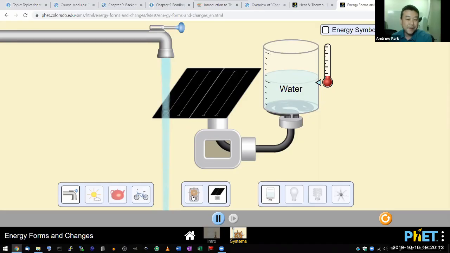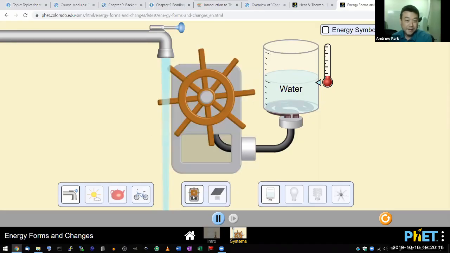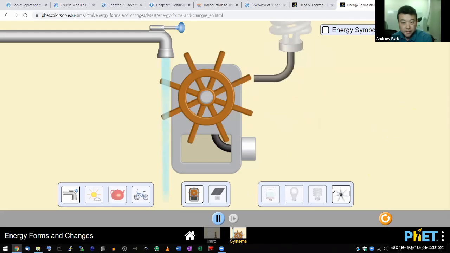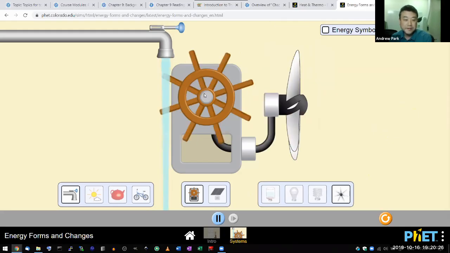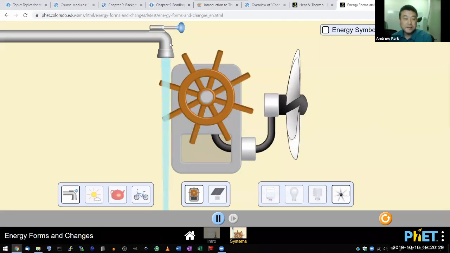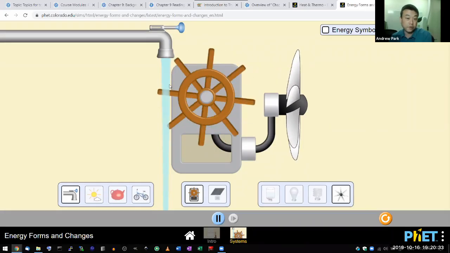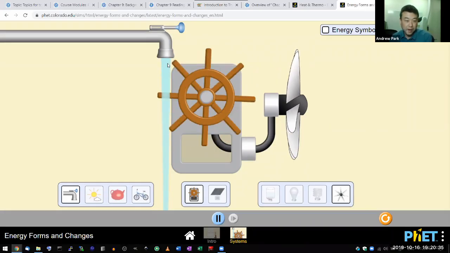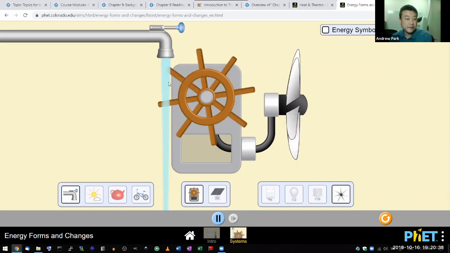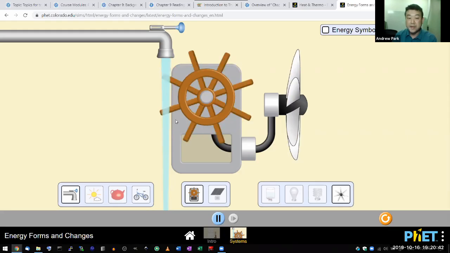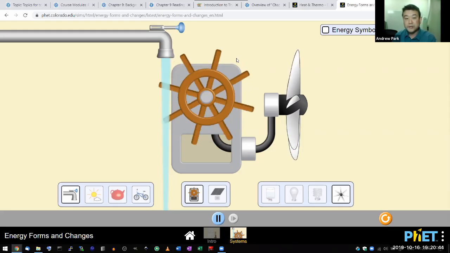If I have a water mill instead, then the mechanical energy of the water, or the momentum of the water as it collides with the wheel, imparts momentum and transfers kinetic energy, and the kinetic energy turns this wheel.